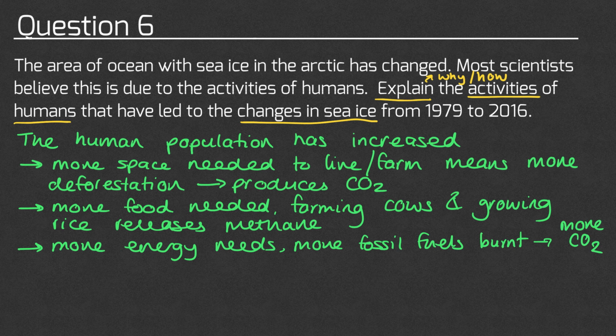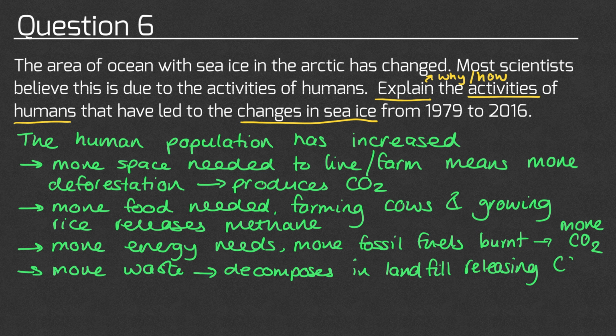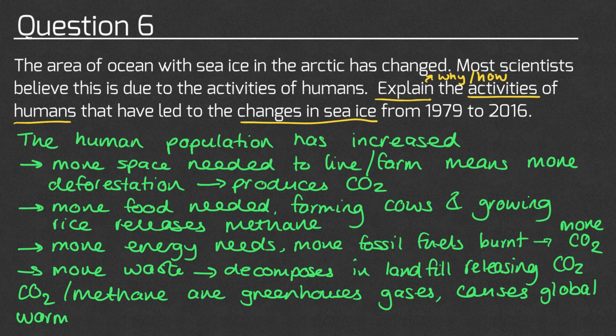We have more energy needs, which means more fossil fuels are going to be burnt, and that means more carbon dioxide produced. We have more waste, and that decomposes in landfill, again releasing carbon dioxide. And carbon dioxide and methane are greenhouse gases. This causes global warming, and this causes the ice cap to melt. So you can see how this is a logically put together answer to answer the question.